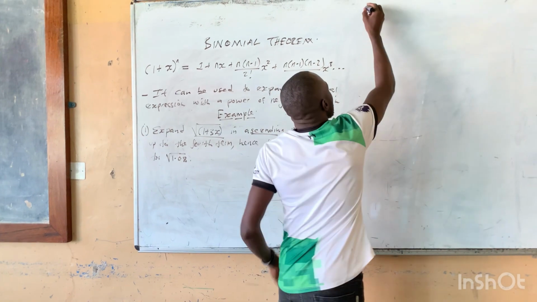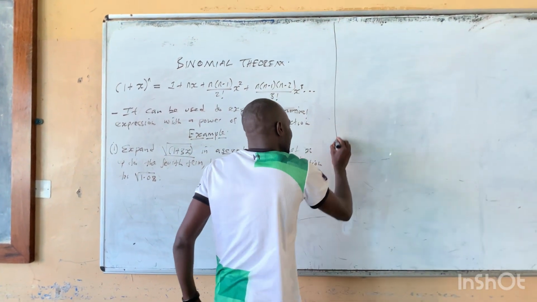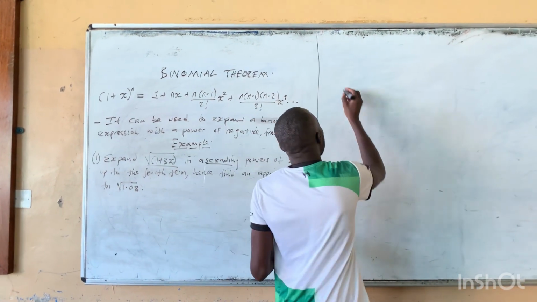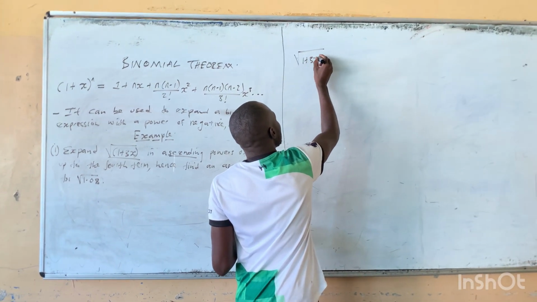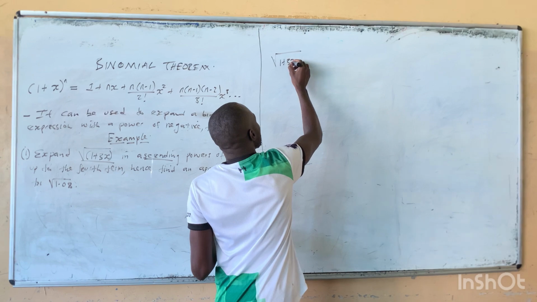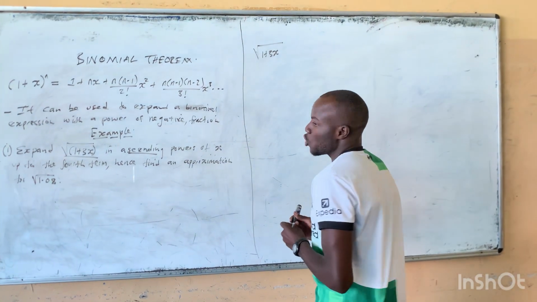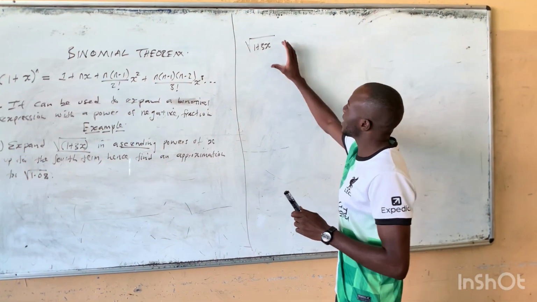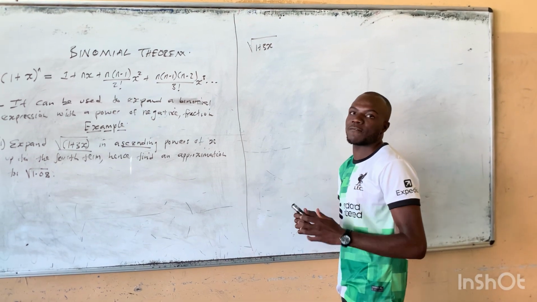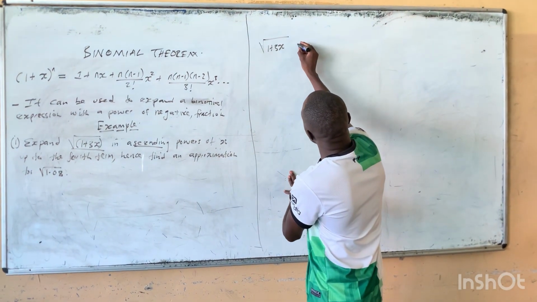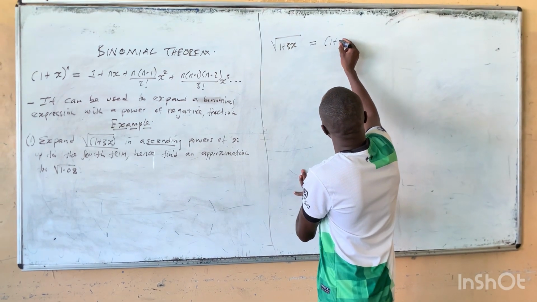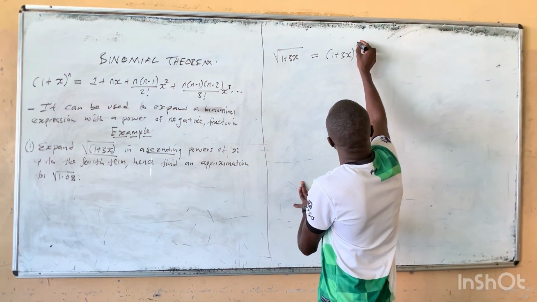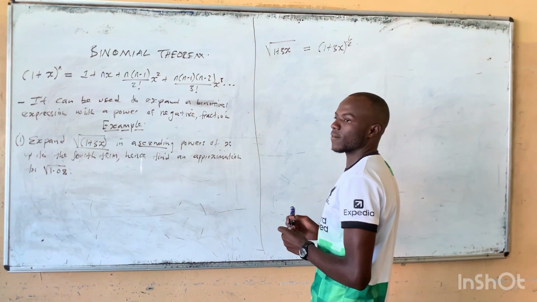We have a square root. We are given square root of 1 plus 3x. You need to know that a square root is the same as the power half. So this expression is equal to 1 plus 3x, everything raised to the power half.